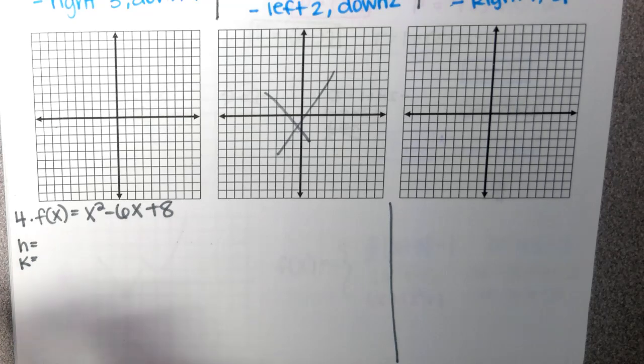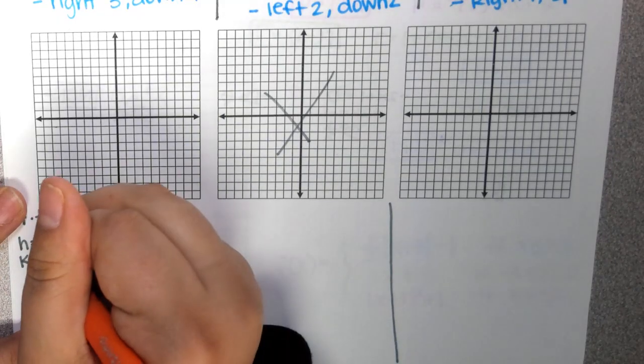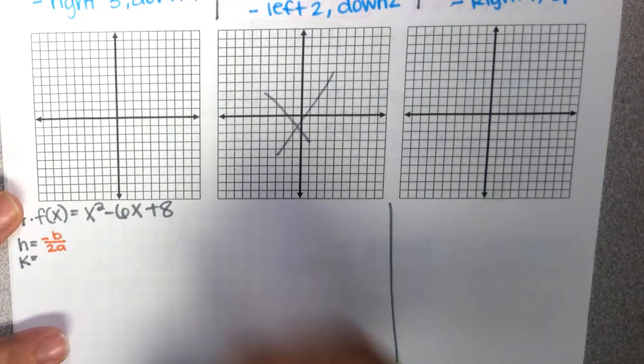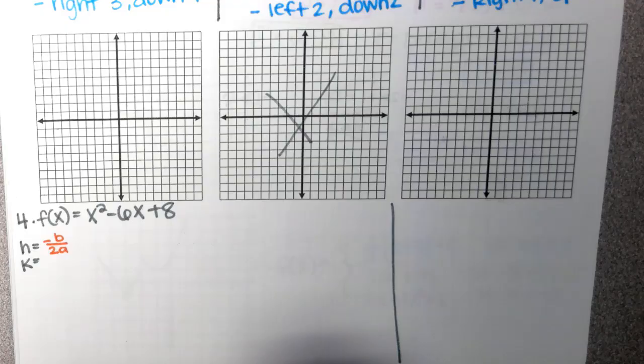What is the formula to find your H value? H is x. What's your formula to find the x, or the axis of symmetry? Negative B over 2A. Do y'all remember that?